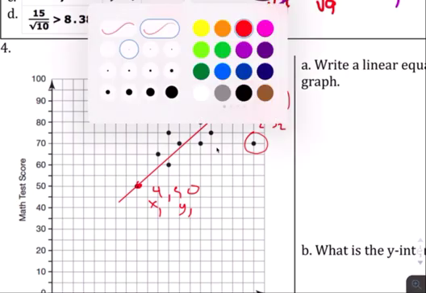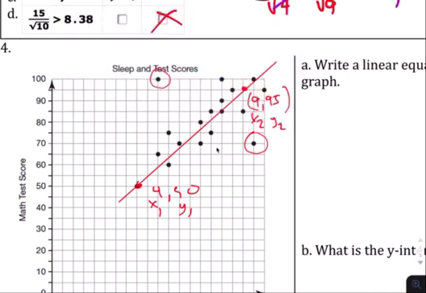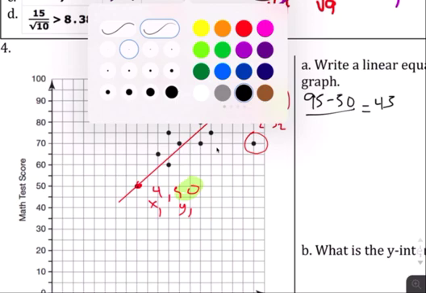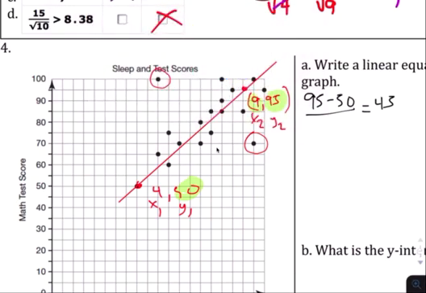Now slope is subtracting the 2 y's: y sub 2 minus y sub 1, so 95 minus 50. That gets you 45. x sub 2 minus x sub 1, which is 9 minus 4, which is 5. So my slope, or my rate of change, is 9.